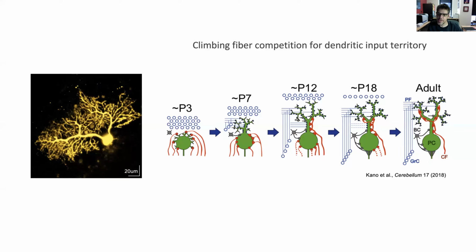Over the years, Masanobu Kano had studied this in great, fantastic detail, and he came up with this description, which I copied here from one of his papers. In development, there are multiple stumps of dendrites here, but then one dendrite grows out. With this growing dendrite, out of multiple initial climbing fibers, a winner climbing fiber grows with the growing dendrite, and the rest of the climbing fibers are eliminated.